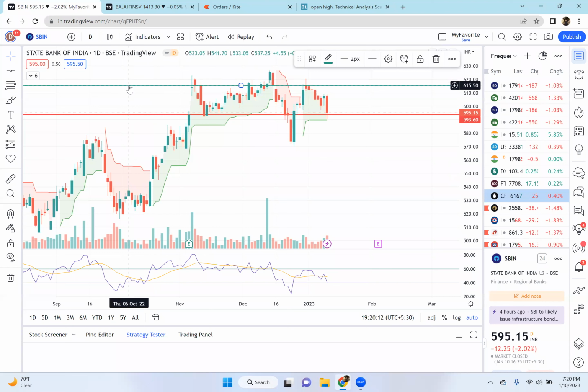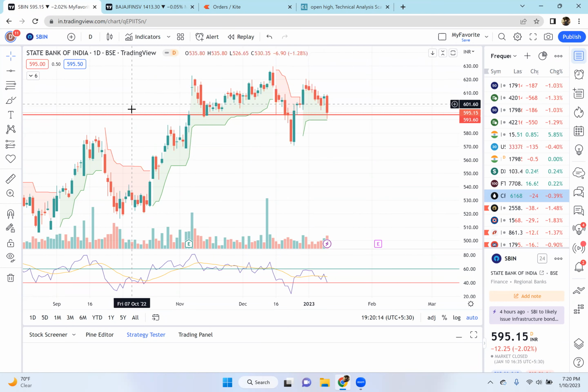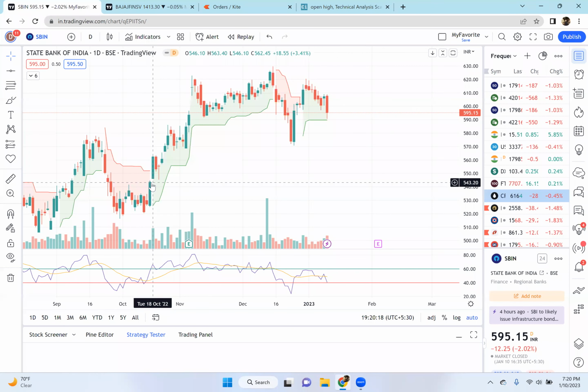Just give me a second, because intraday we will short, but if you're not trading futures, as I mentioned... Here the high of 18th October was 563.4 and the high of 19th October was 563.4. So both are the same. That still meets the criteria, and the low is of course within, right?